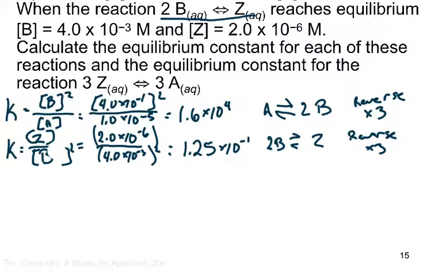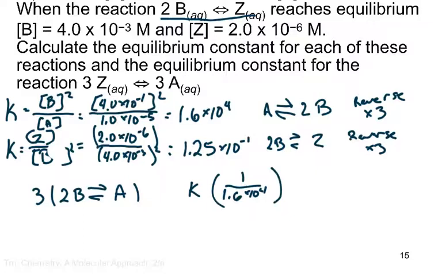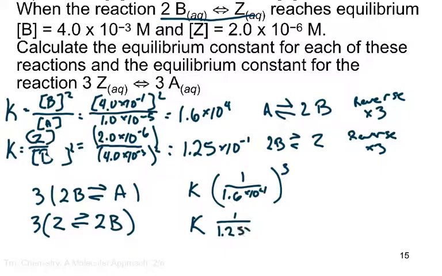So when I reverse it, I'm going to get 2B in equilibrium with A, then I'm multiplying by 3. So for my K, it's going to be 1 over 1.6 times 10 to the 4th, and then that's going to be cubed. And then for my second reaction, again, I'm multiplying by 3 and then reversing it. So for my K, it's going to be 1 over 1.25 times 10 to the negative 1st and cubed.